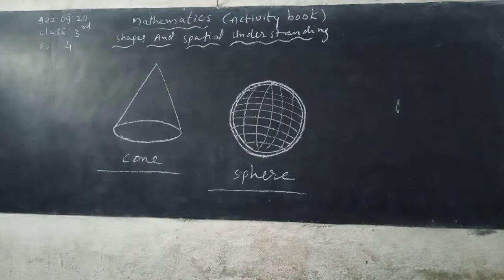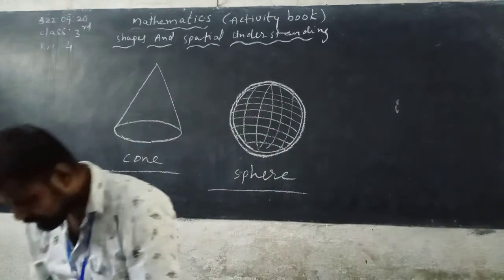See here, first triangle. Triangle means we have to take samosa.